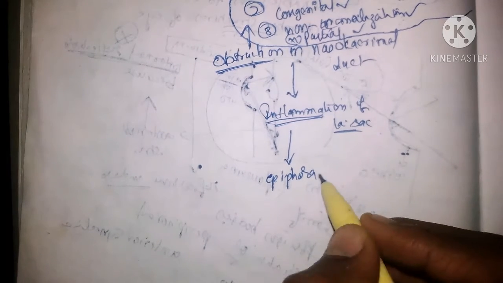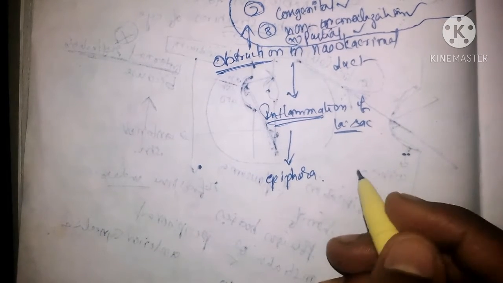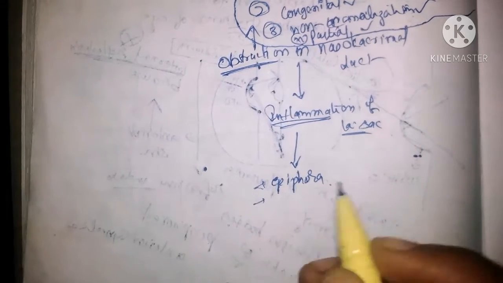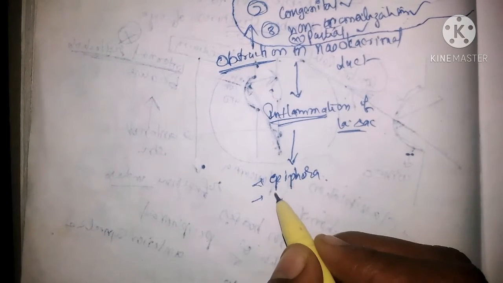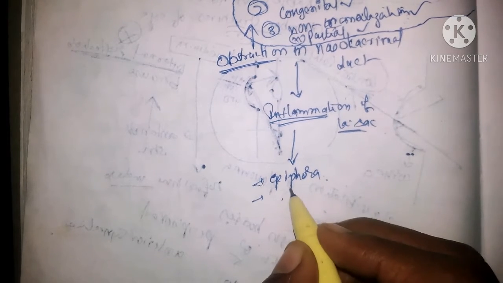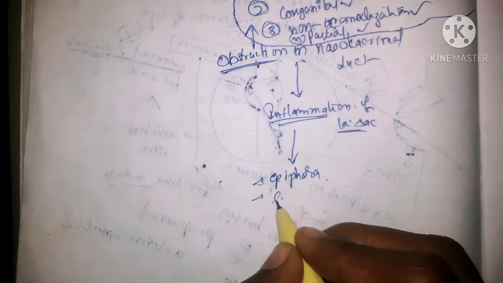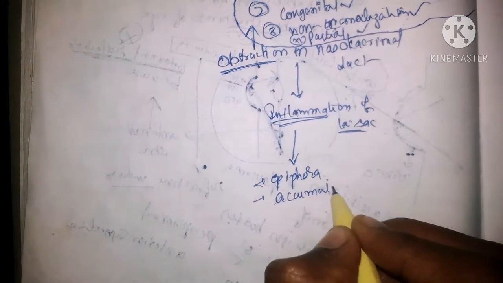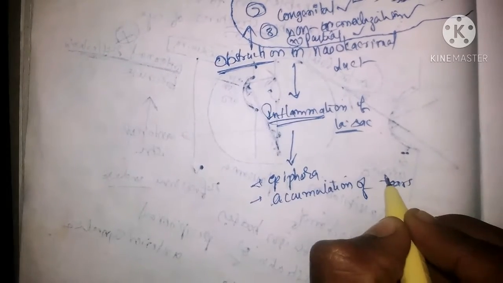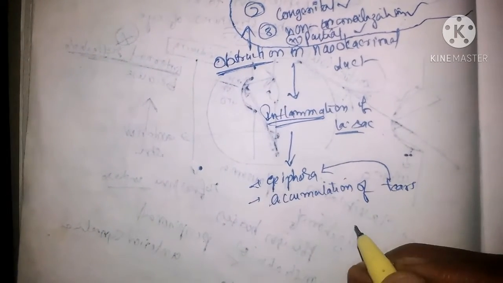The other symptom is accumulation of tears in the sac. Due to this accumulation, you will see epiphora.